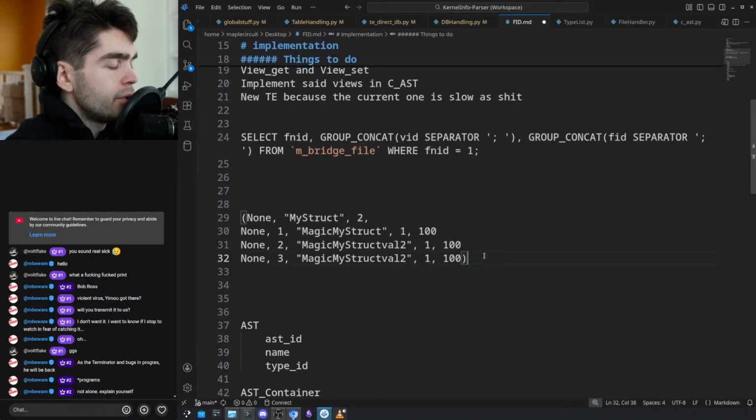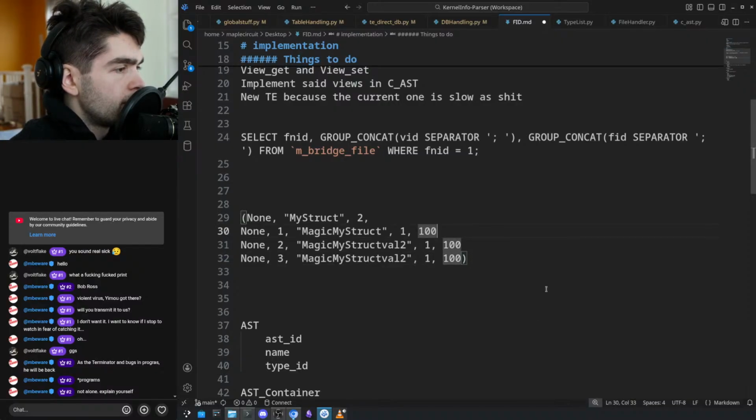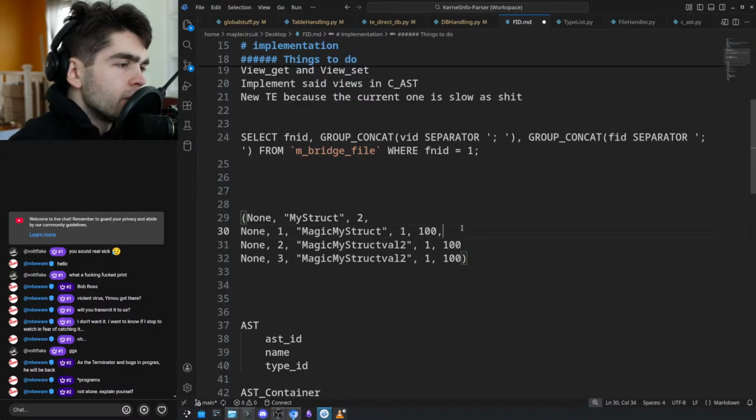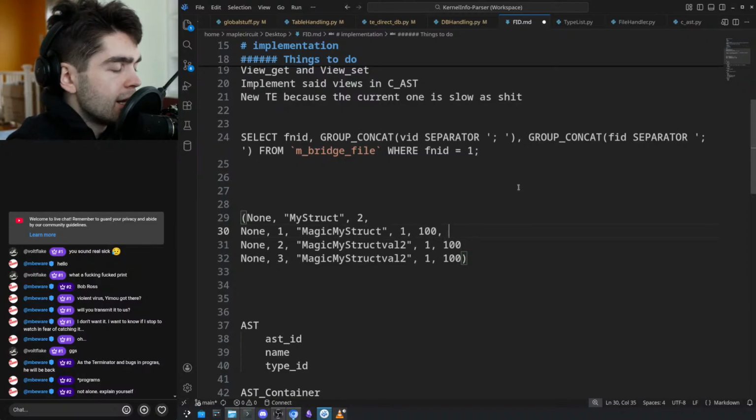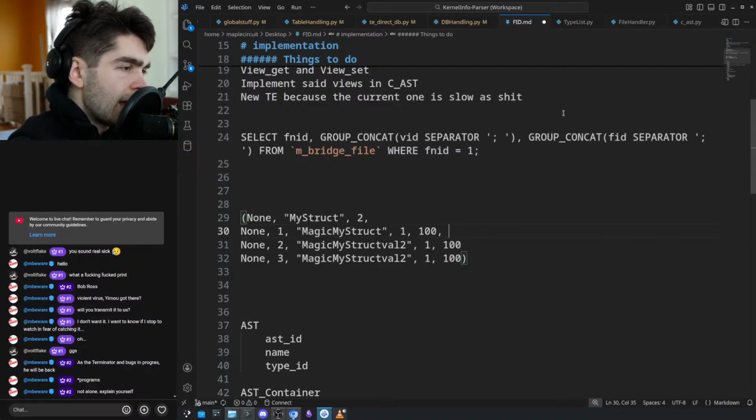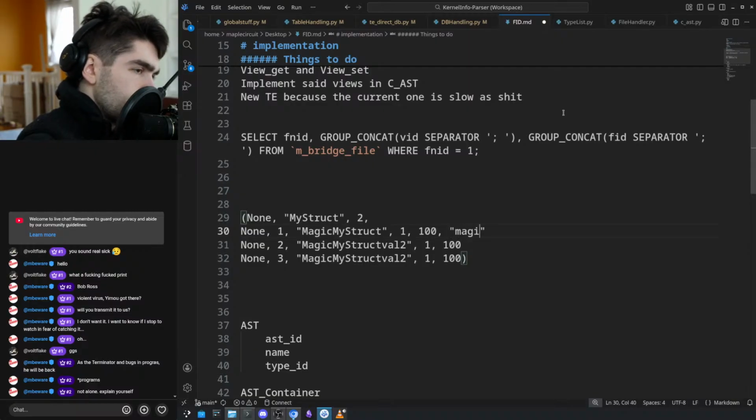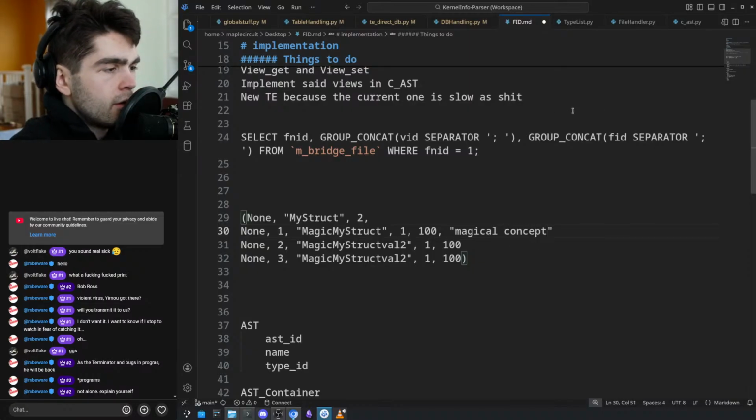We need a way to show repetition. Maybe we could have a special encoding, right, that we could put at the end of our lines whenever we add some. Like a magical concept, or maybe a class.